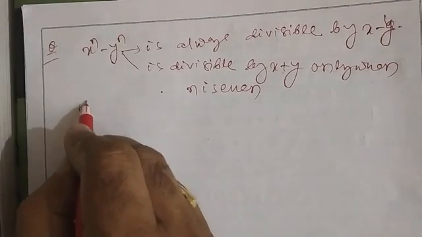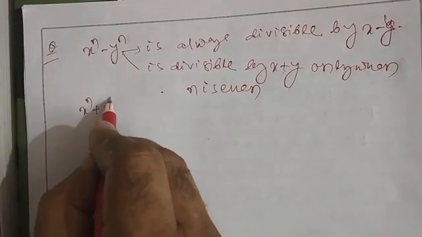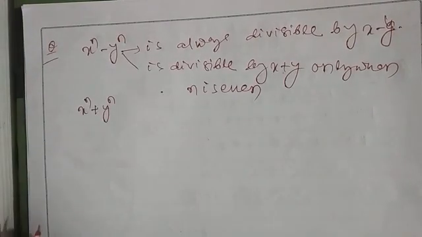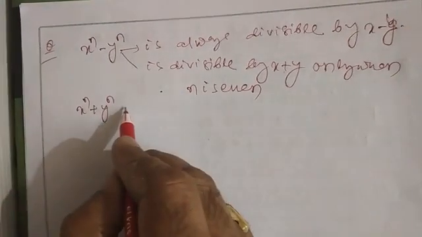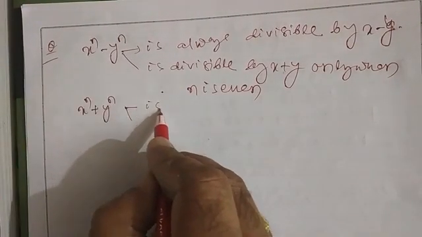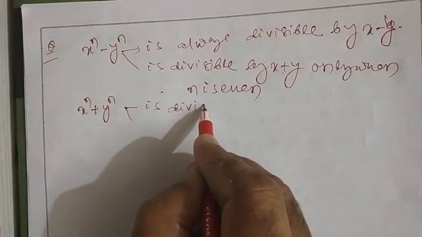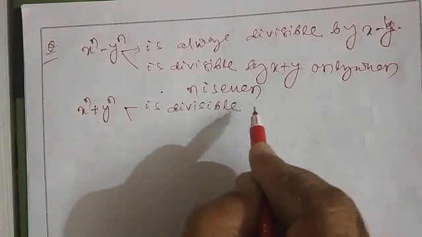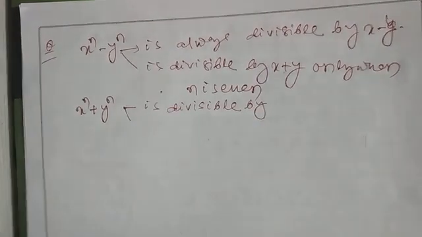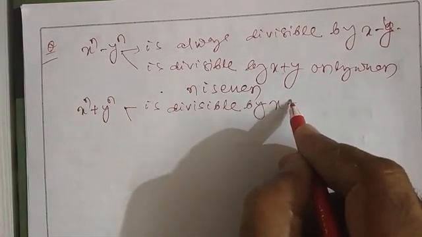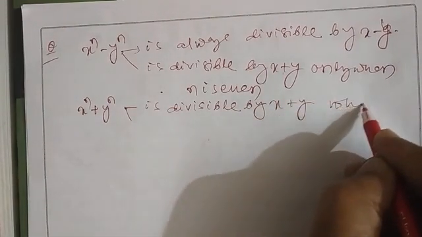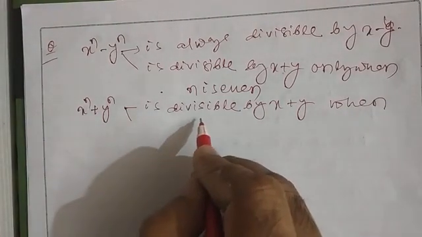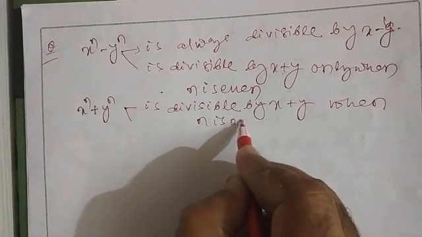And x to the power n plus y to the power n is divisible by x plus y when n is odd.